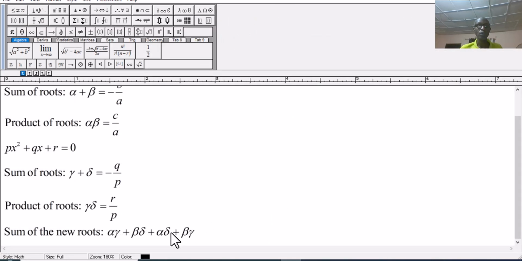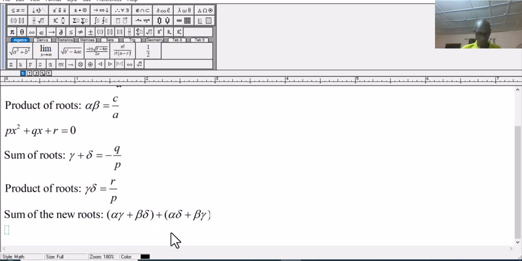So we have to find the sum for the new roots we are looking for, and then the product also. So let's start. I'm going to copy that, that's the sum. Let's simplify this.